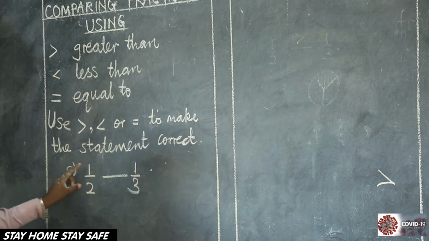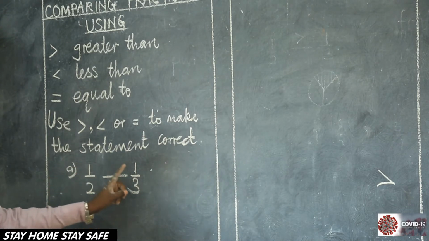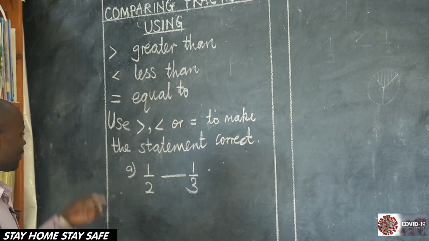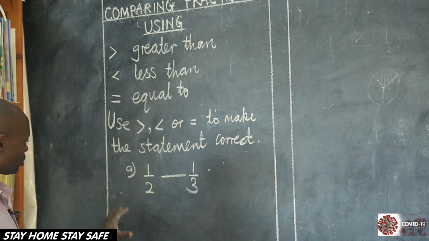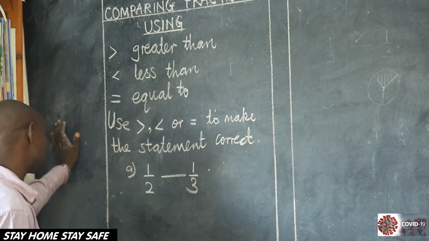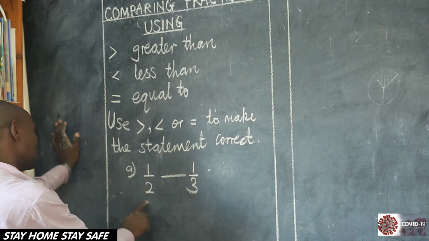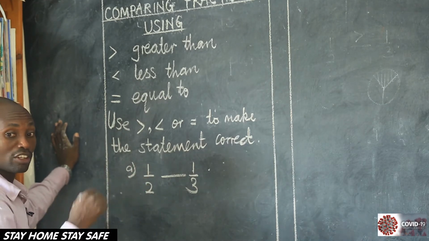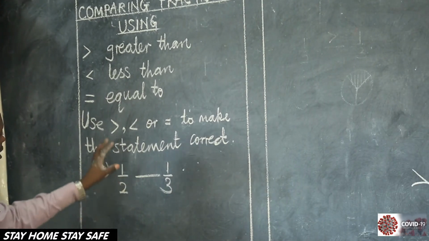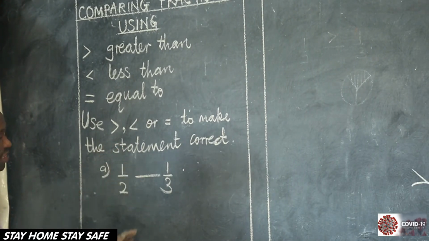So, if you have a half, which you are supposed to compare to a third, and you want to know the fraction which is bigger, make sure these fractions have the same denominators. How do we make sure that these fractions get the same denominators?